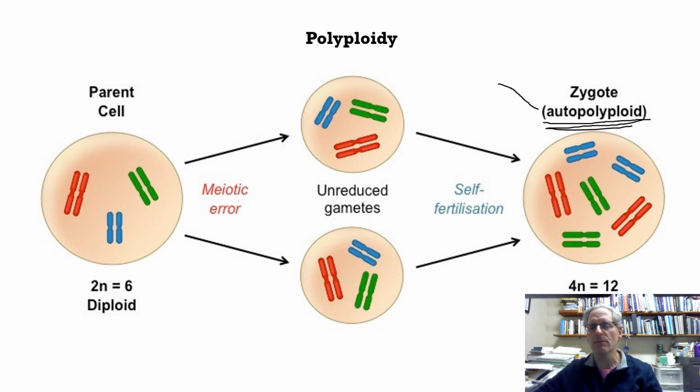Plants tend to tolerate autopolyploidy pretty well. Animals don't. Humans really don't. So polyploidy is a change in chromosome number. The alterations we showed you in the last slide, those are alterations in chromosome structure.